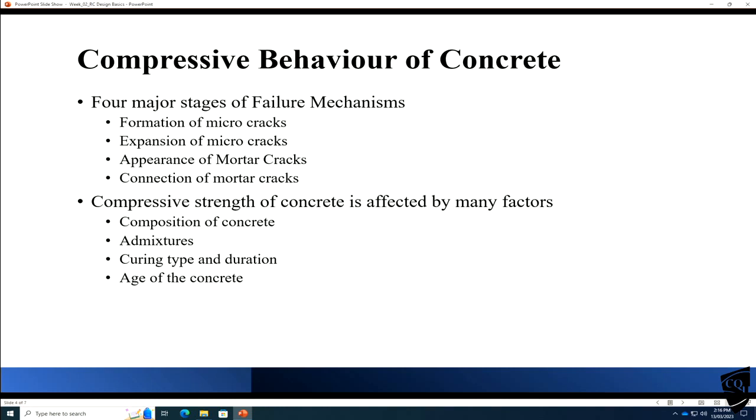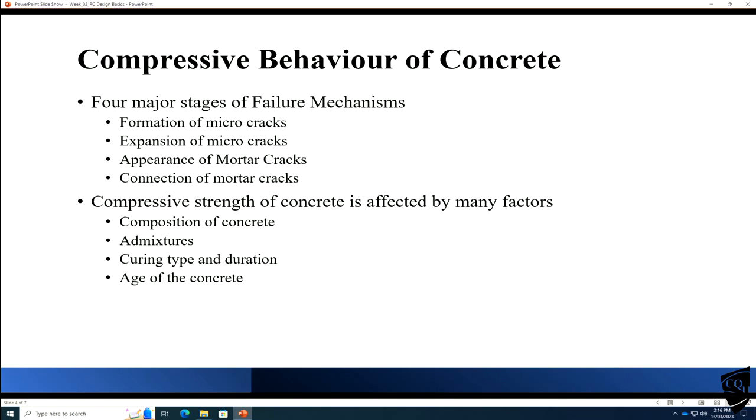So then that will expand further, and when the micro cracks expand, then we should be able to see the cracks in the concrete mortar.